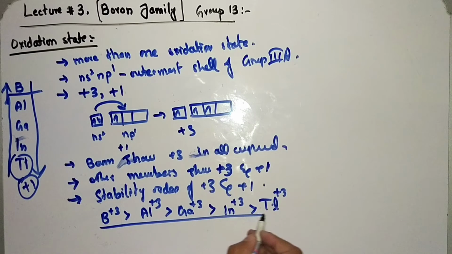In +3 the stability decreases from top to bottom, so boron is very stable in +3, while thallium is very unstable in the +3 oxidation state.